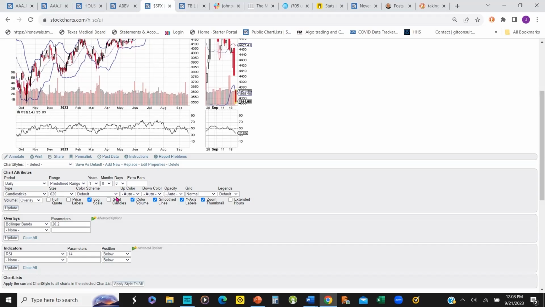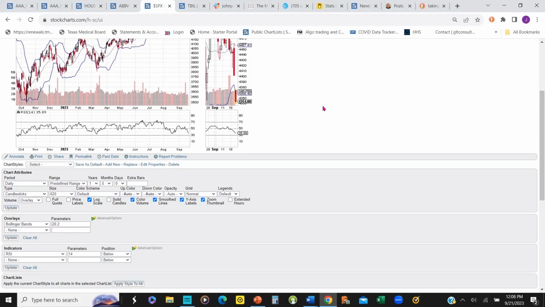I use a year. The more important part of the settings is that in the overlays, you use Bollinger Bands and 22, which means 20-day moving average and 2 standard deviations. Now, you can change it any way you want, but this is basically the way this works.